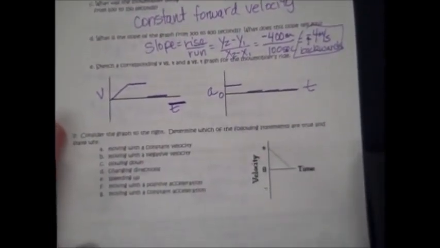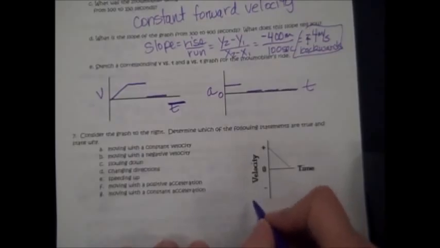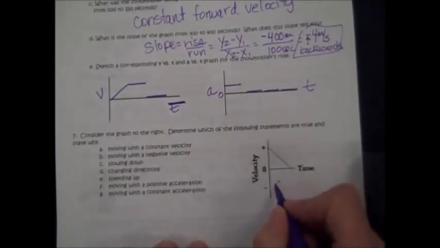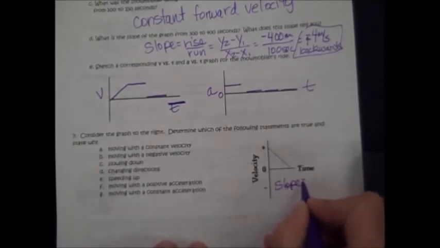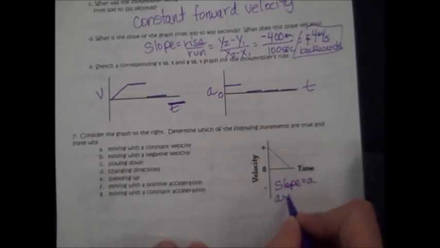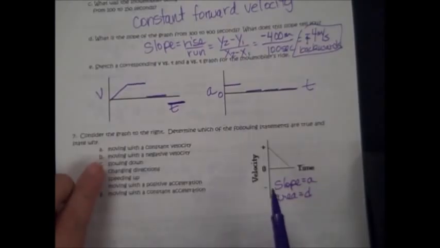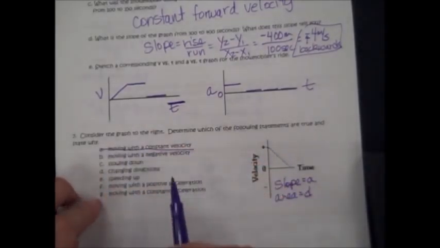This next graph is a velocity versus time graph, and if I wrote down my key things here, I would write down that the slope equals acceleration and that the area equals displacement. So where is he moving? Is he moving with a constant velocity? No, because his velocity is decreasing, so this won't work.